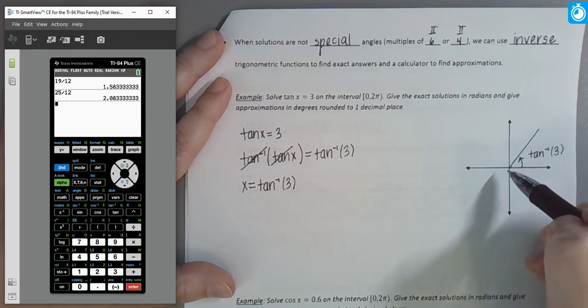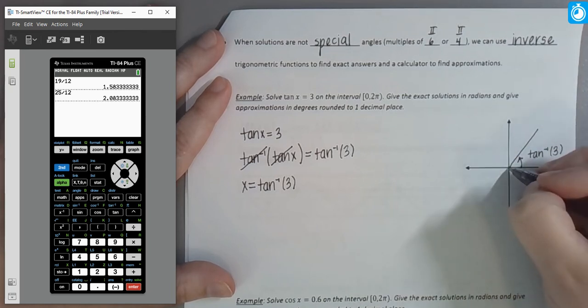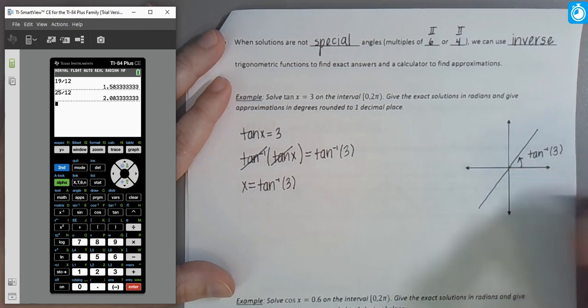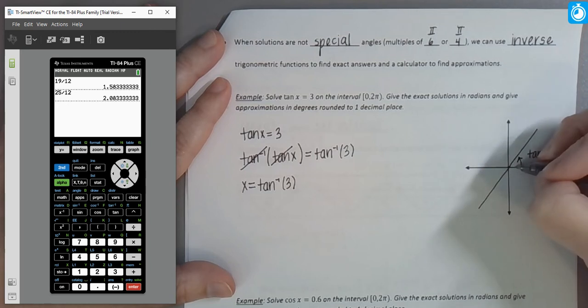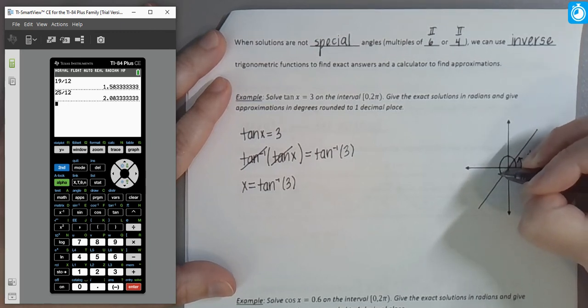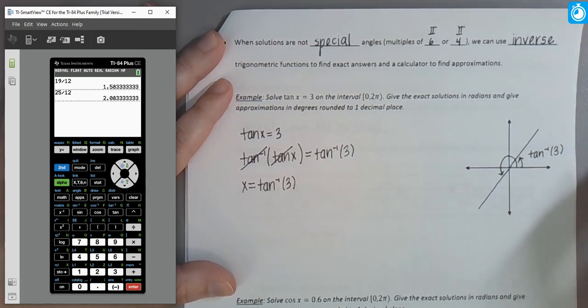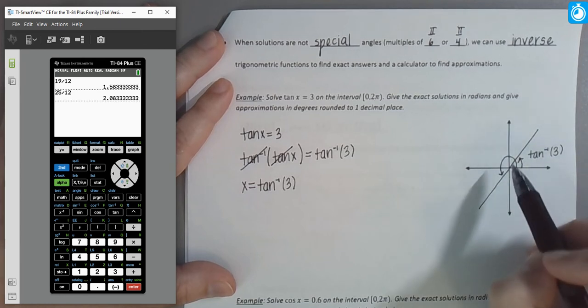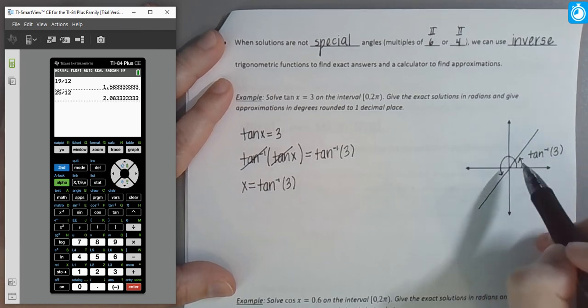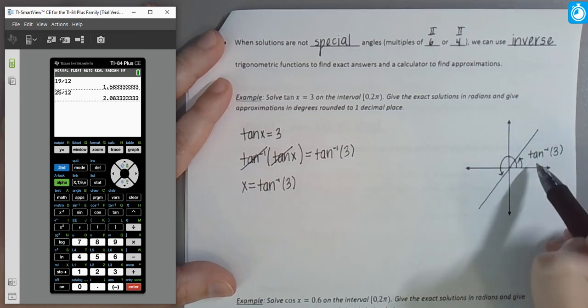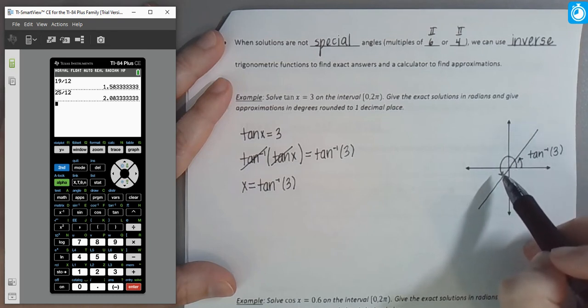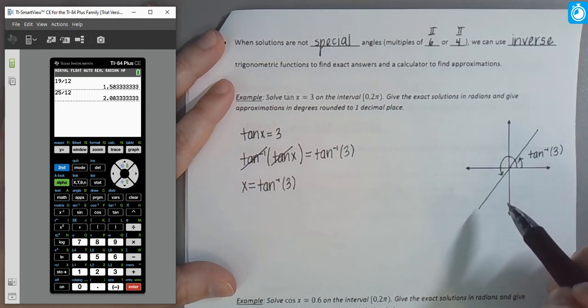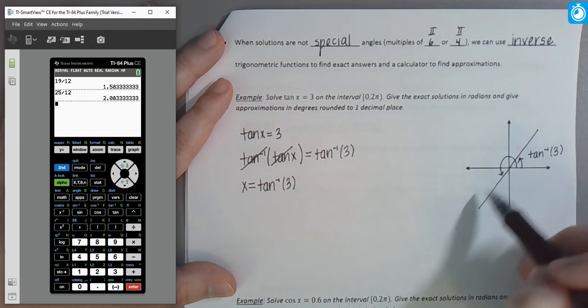So think of drawing a mirror image of this angle down here in this quadrant. Whatever this angle is, this is also going to be a solution to our equation. And the angle measure would be tangent inverse of 3, whatever that is, plus the amount that it takes to rotate around to where this location is.